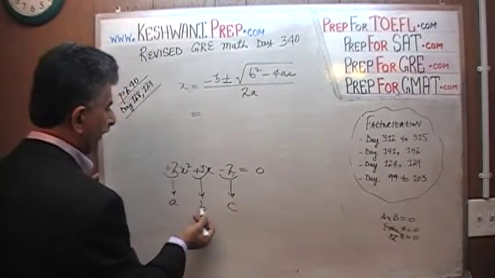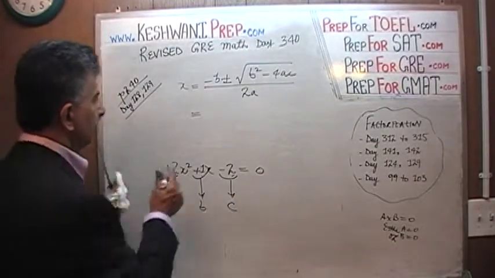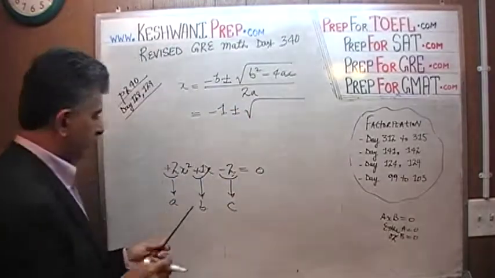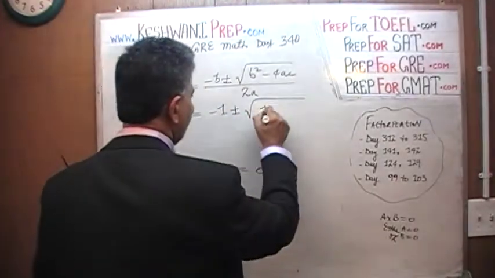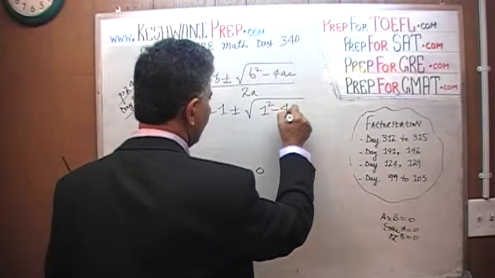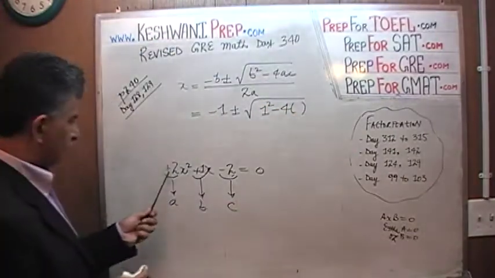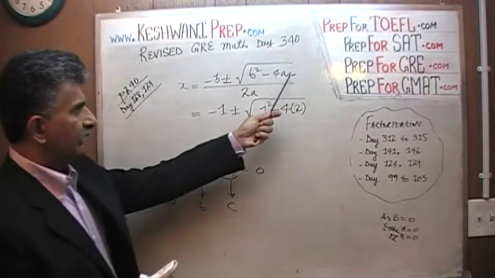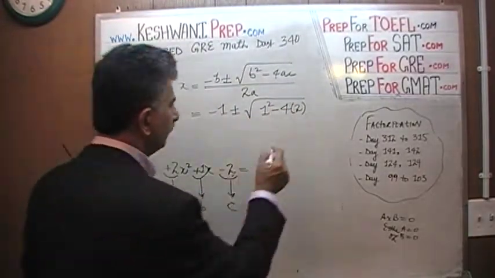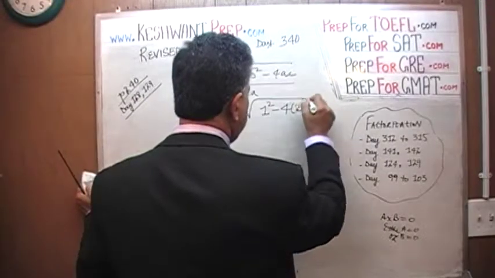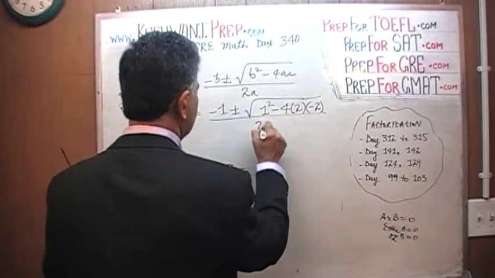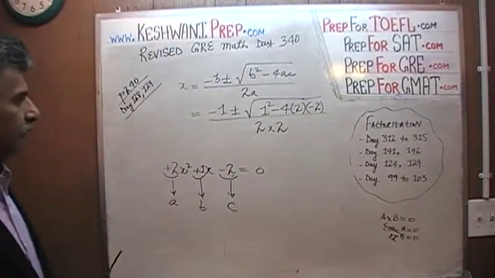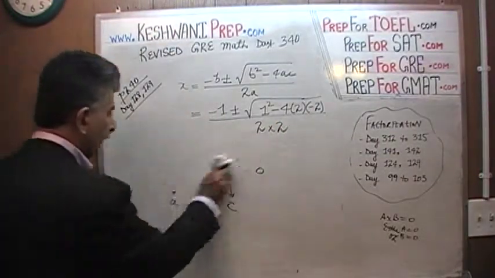Minus b is minus 1, plus or minus the square root of b squared, b is 1, so 1 squared, minus 4 times a, which is 2, times c, which is negative 2, over 2a, 2 times 2, a is 2. That's it. Now we have to simplify it.